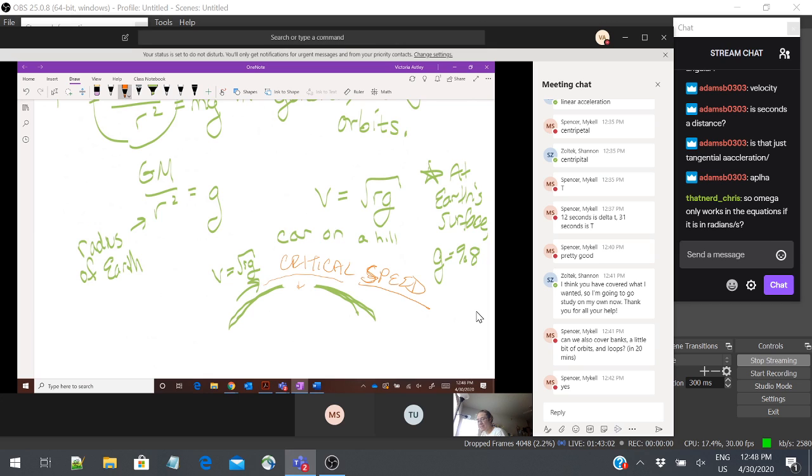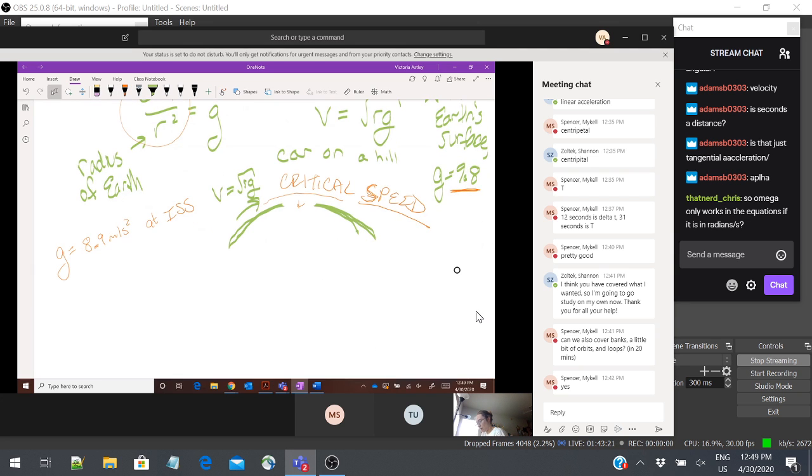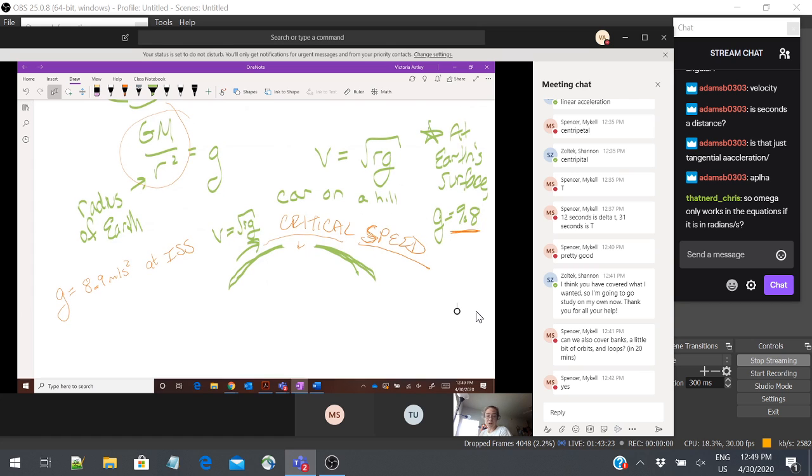But it doesn't work in space because 9.8 isn't true. In space, you have to use the full version. So this is how you find out that g at the level of the International Space Station is 8.9, not 9.8, but also not 0.